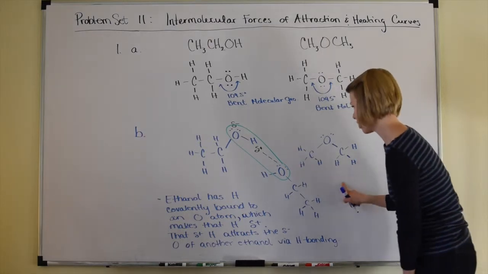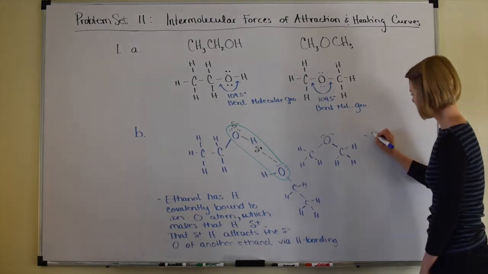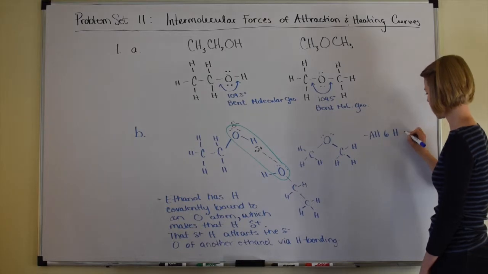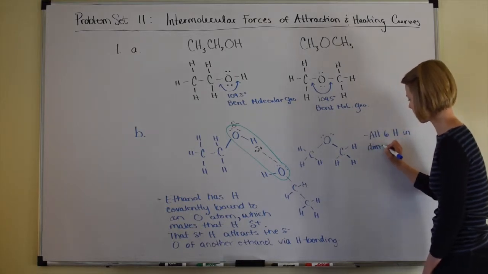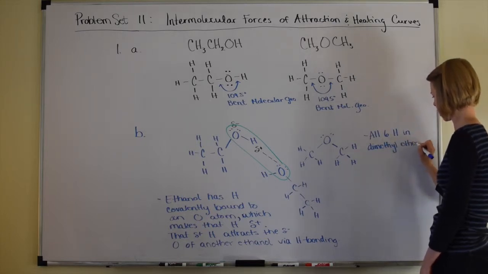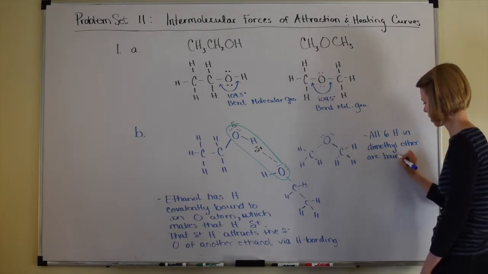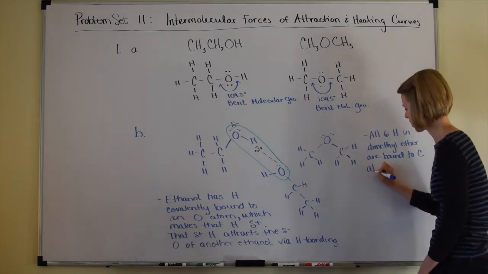So let's go ahead and write that over here. Okay. All 6 hydrogen in dimethyl ether are bound to carbon atoms.